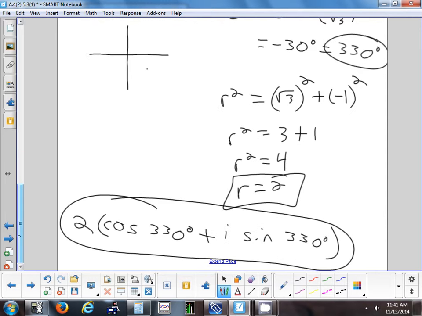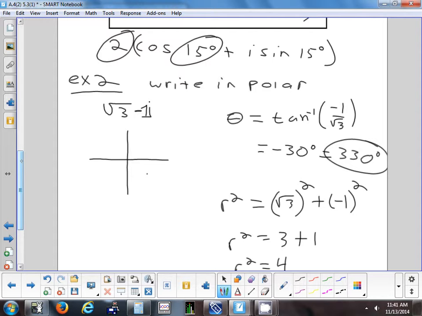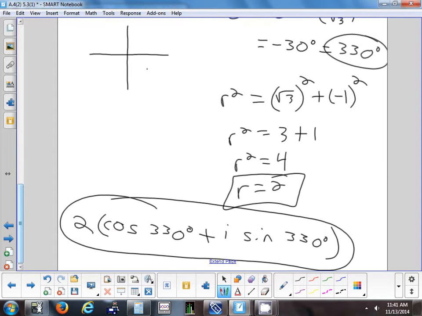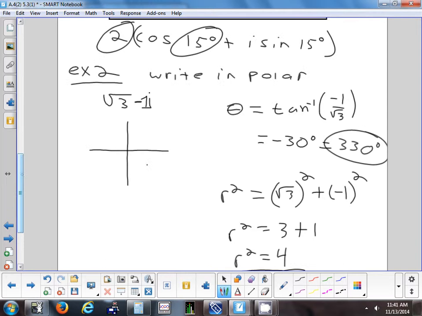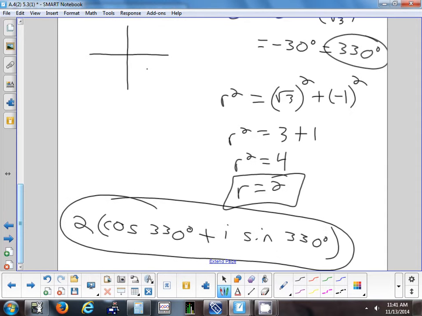If you took the cosine of 330 and then doubled it, you'd get square root 3. If you take the sine of 330 and then distribute the 2 to that, you'll get negative 1. So just leave it just like that. Very similar to what we did yesterday. Any questions on writing a complex number in polar?